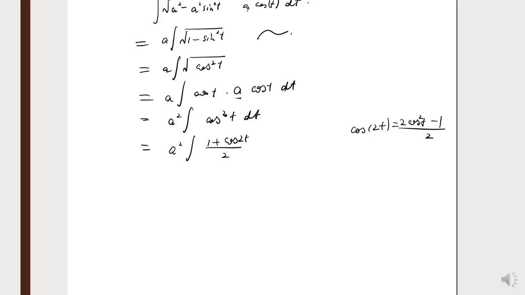So that's why we can get this in reverse. Here, let's put the 1/2 out. The 1's integration will give us t, and the cosine 2t integration will give us sine 2t over 2, right?